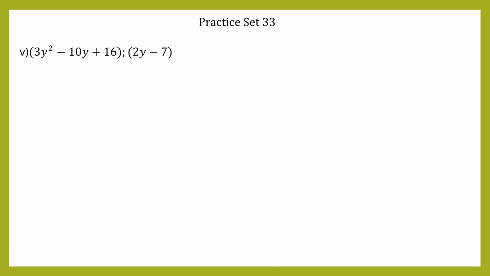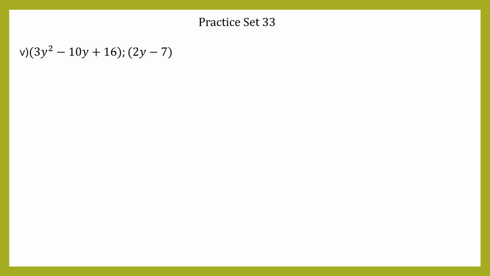Sub question 5. The first expression is 3y squared minus 10y plus 16. The next expression is 2y minus 7. Dear children, in this you can see we have the first expression as a trinomial and the second expression is a binomial.